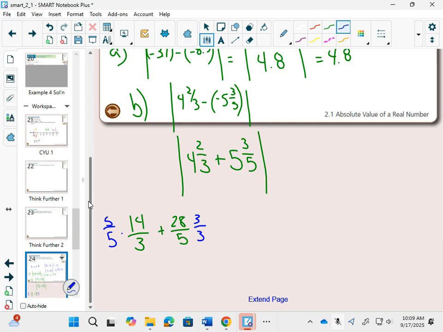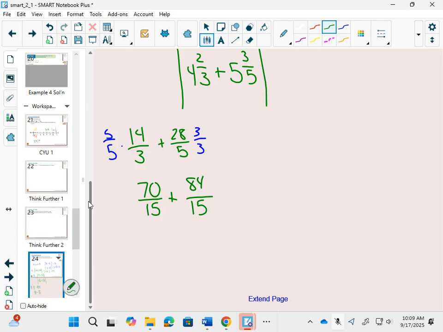And I would get 5 times this would be 70 over 15 plus, and this will be over 15 as well. 3 times 28 is going to be 84. And now that I have a common denominator, I get 154 over 15, or 10 4/15.